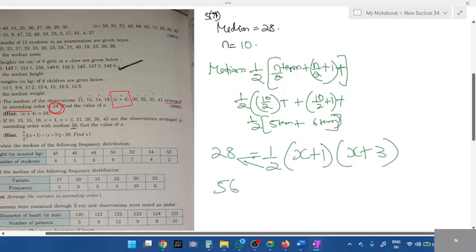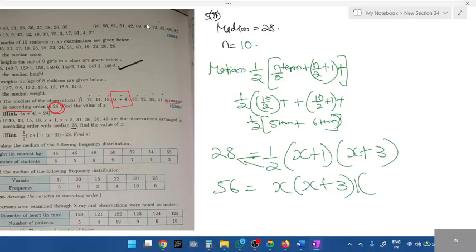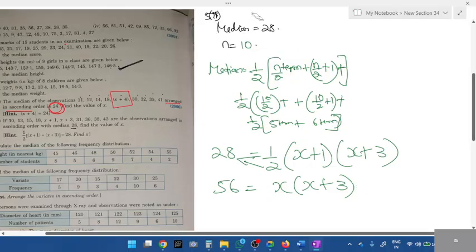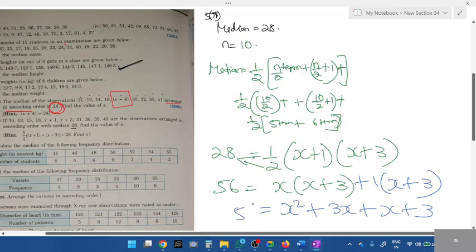So you get 56 is equal to, use bracket rule. x into x plus 3, plus 1 into x plus 3. When you open the bracket, you get x square plus 3x plus x plus 3 is equal to 56.